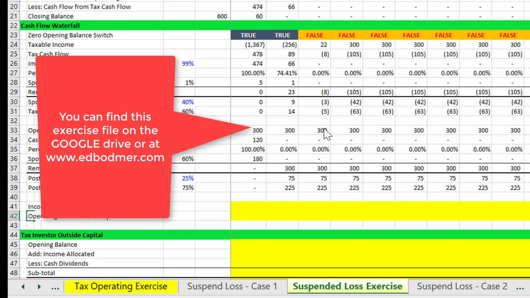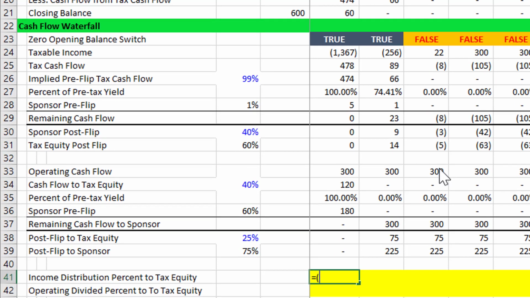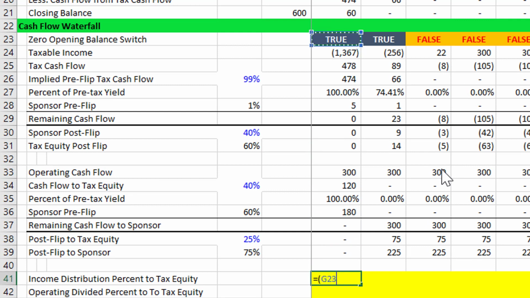And we only care about the tax equity. Don't muck it all up with all these other accounts. So let's only look at the tax equity, and let's see how much of the total income, here's our total income, goes to the tax equity.